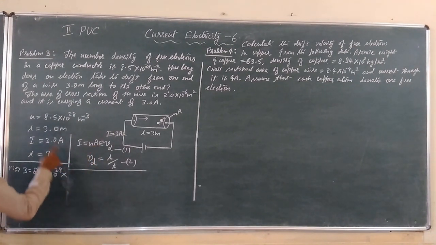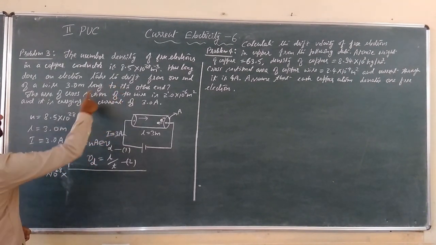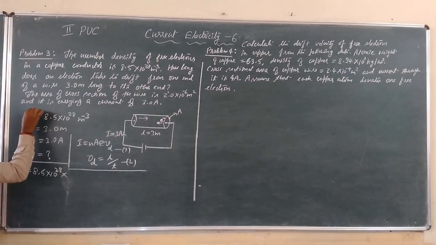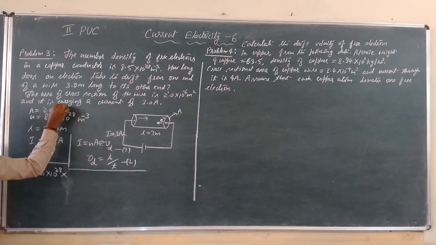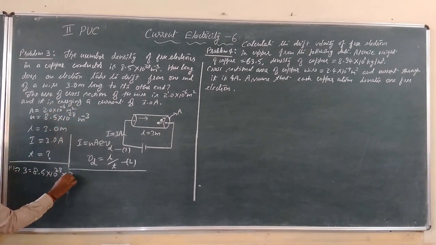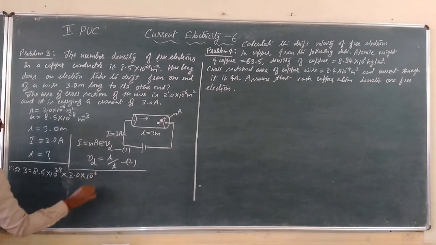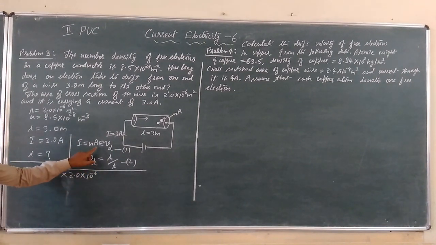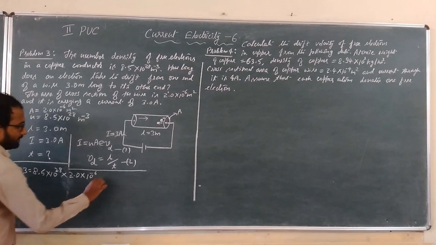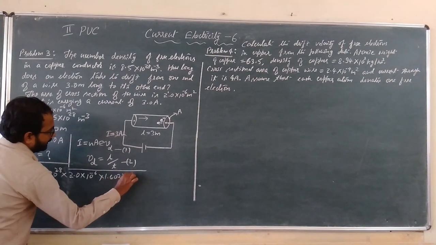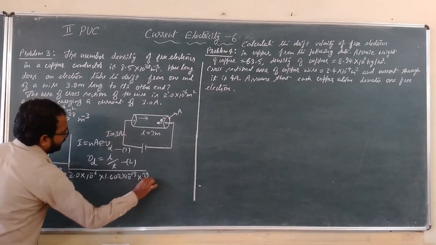A, the area of cross section, is 2 into 10 to the power of minus 6 meter square. That is the value of A, right? What is e? The charge of the electron is 1.602 into 10 to the power of minus 19, into Vd.